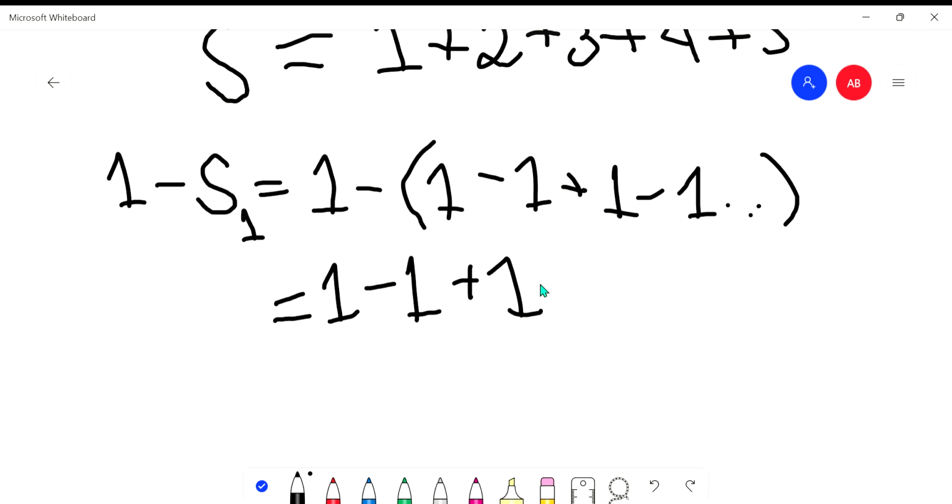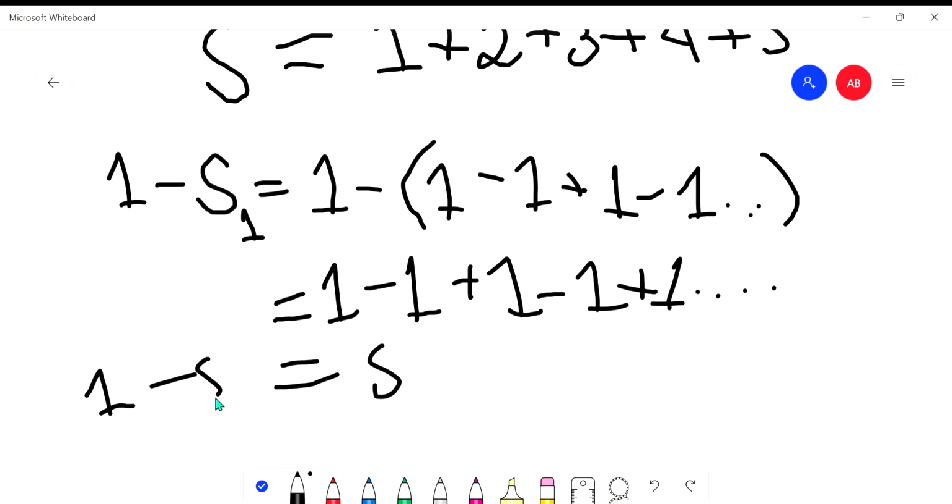This becomes minus 1. This minus minus becomes plus. And if you didn't realize, this is just S1. So that means that 1 minus S1 is equal to S1. Sorry, I keep messing that up.